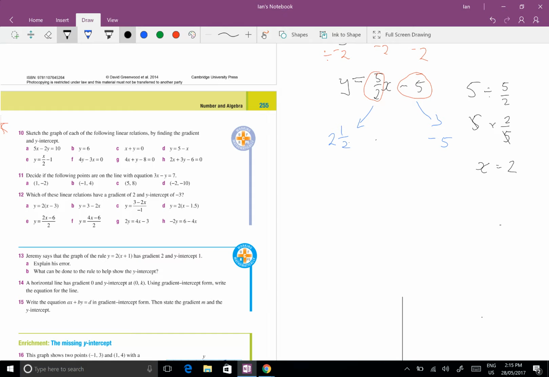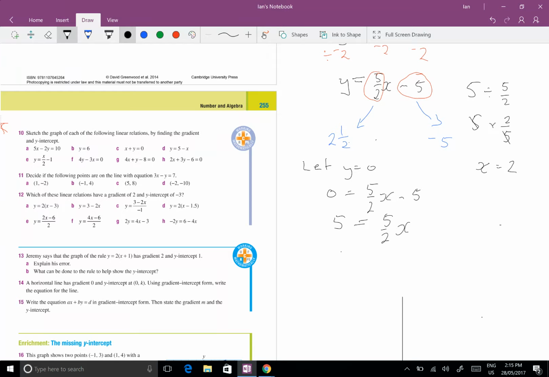The reason why that works in this form is because, remember, the way we find the x-intercept is to let y equals 0. So I get 0 equals 5 on 2x minus 5. We add the 5, which is changing the sign, so we get 5 equals 5 on 2x.